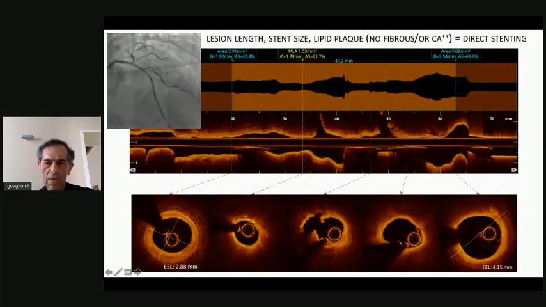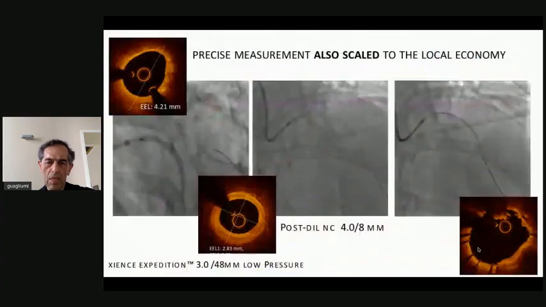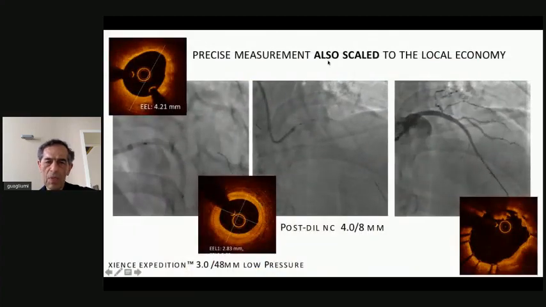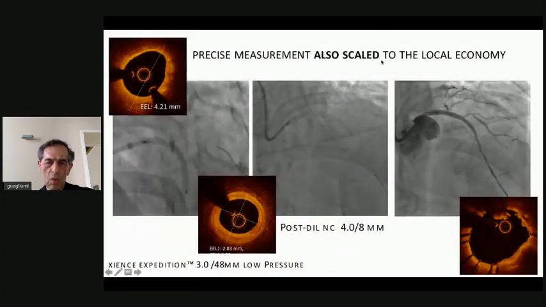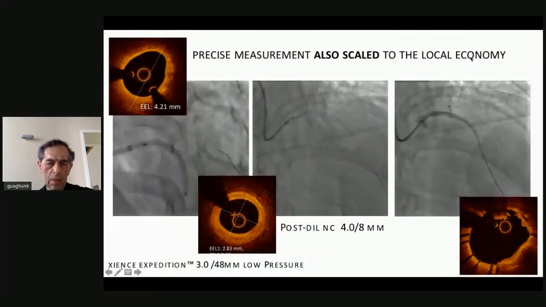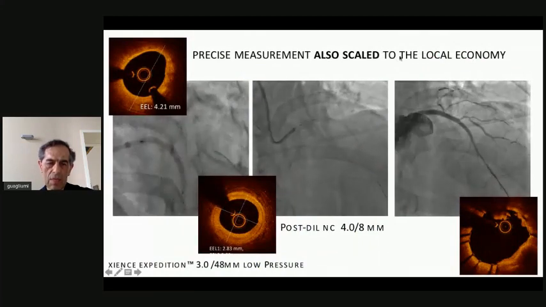Showing that the type of the lesion, with no calcium, allows you to take the measurements of the 2 landing zones, proximally at the left main level and distally on the LAD, and to try to make the best possible choice. These precise measurements in this case were also scaled to the local anatomy. Only 1 single stent was available.